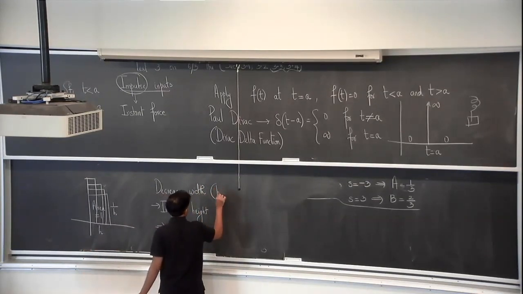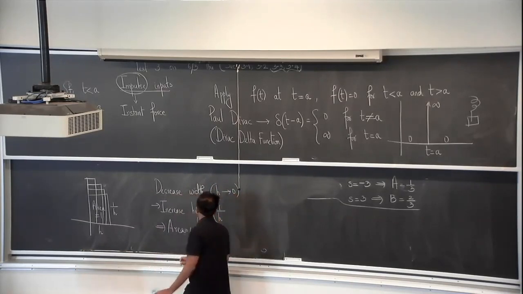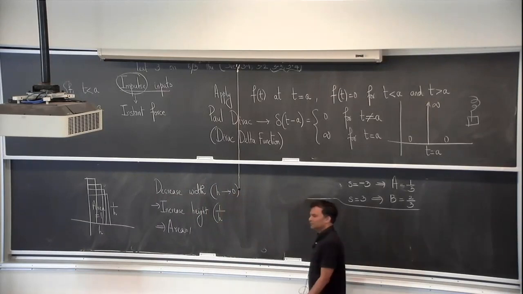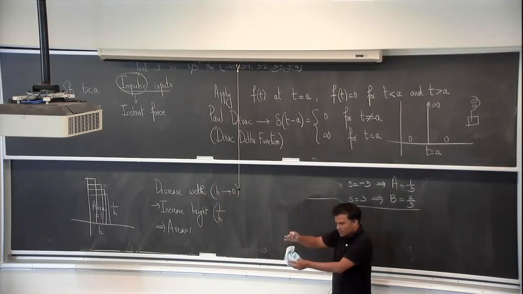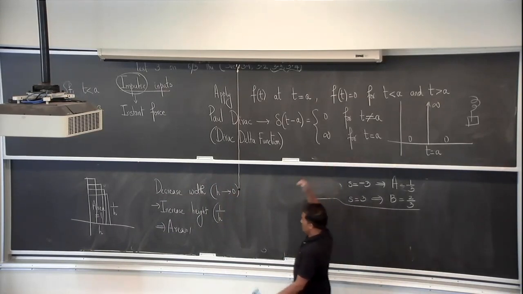This is h going to 0. This means 1 over h goes to where? As h is getting smaller and smaller, where is 1 over h going to? Infinity, right?